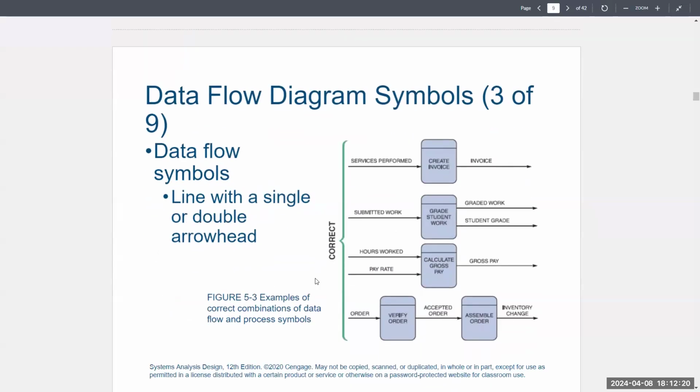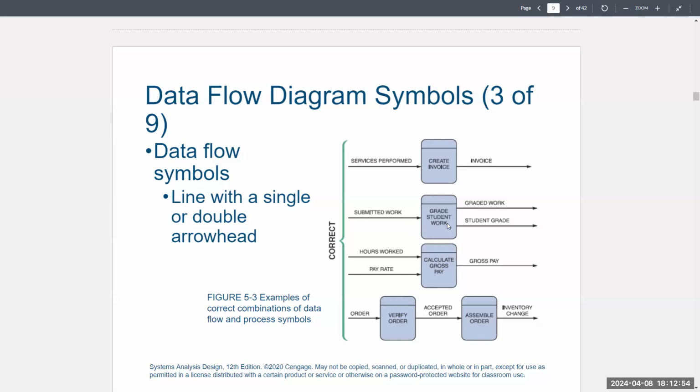Next, moving on to the next symbol, which is the data flow. Here we talk about the direction of the flow of the data in that process. As you can tell, an arrow is representative of the direction. Some of the correct ways of using the data flow symbol with the process: one input can result in a single output.